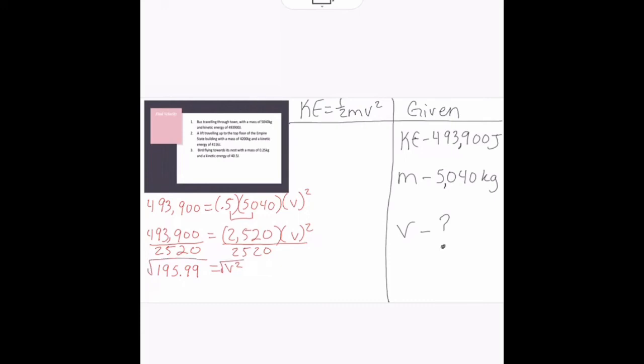So we'll take the square root of both sides, and we end up with 13.999. And remember, science only cares up till this point here. So we're gonna go ahead and round this whole thing up to 14 is the answer for V. And that's what you should have gotten for number 1.